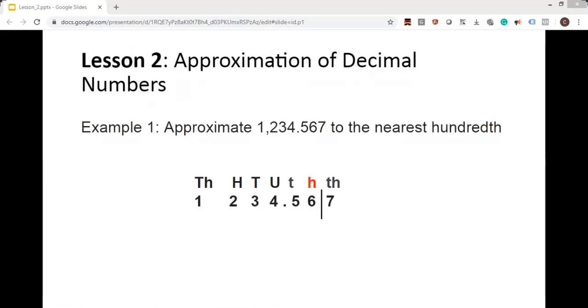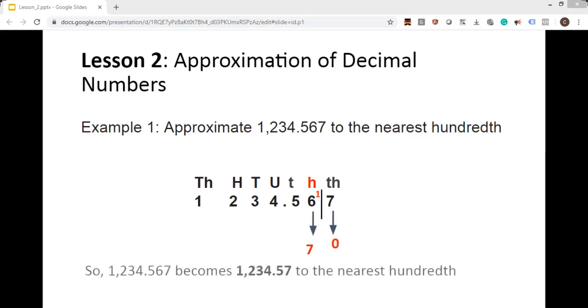We draw a line to the right of 6. And we look at the digit immediately after 6, which is 7. And we turn that digit to 0. Now, because 7 is greater than 5, what do we do next? We add 1 to 6, turning 6 into 7.